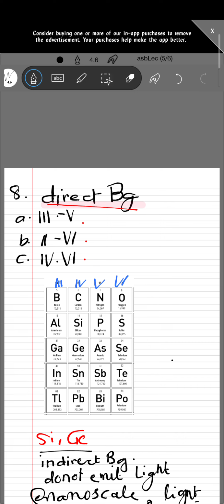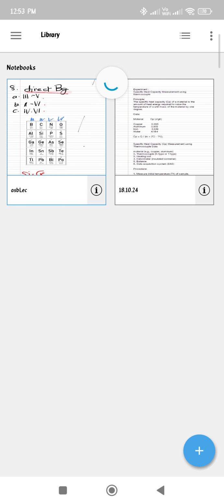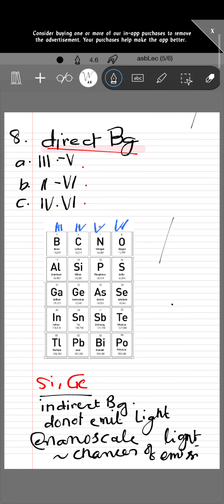Now, these direct bandgap materials can be made from group 3 and group 5 materials.